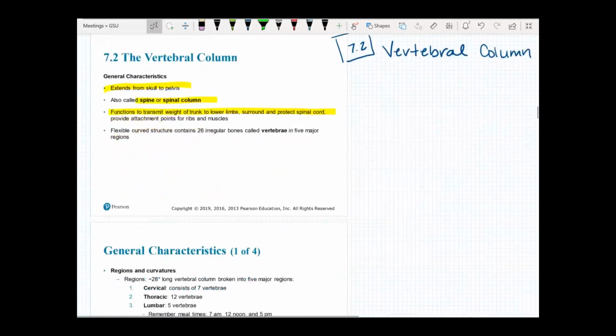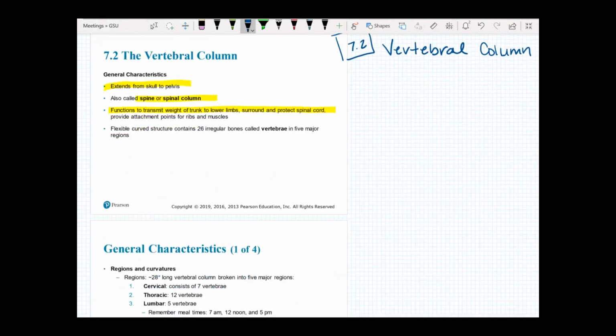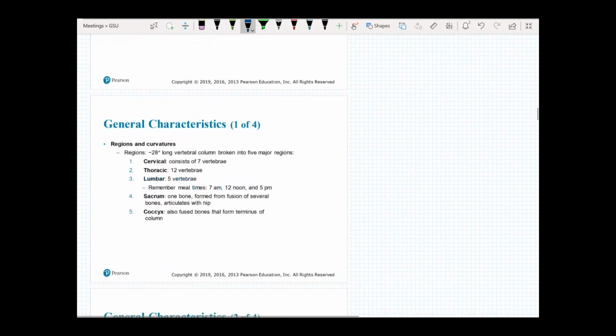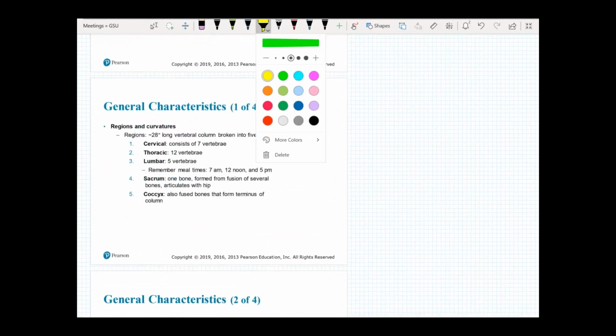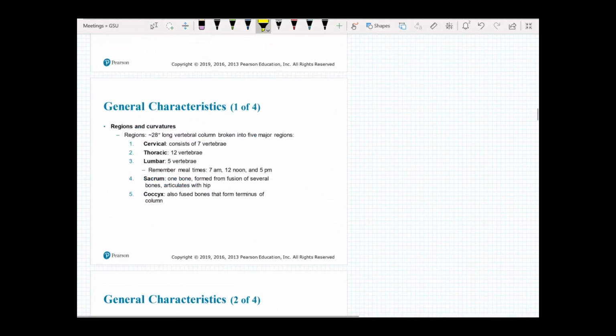It is made up of 26 bones, called vertebrae, and they are organized mainly into regions. These bones are going to be broken up into 5 regions.